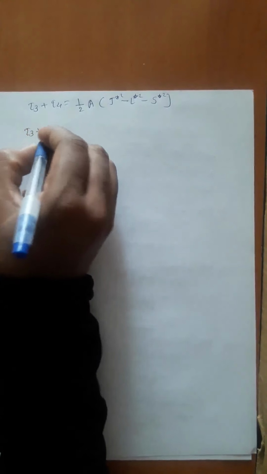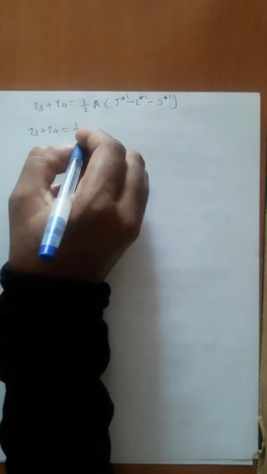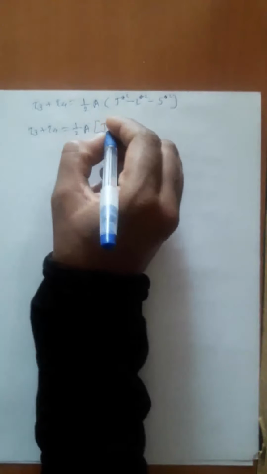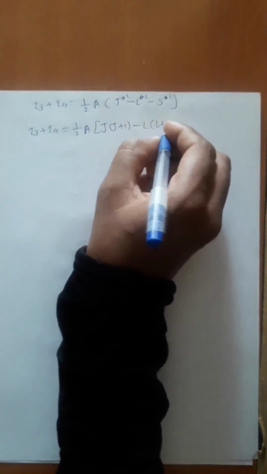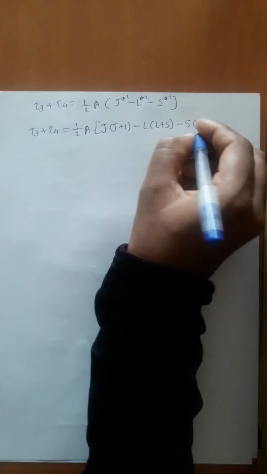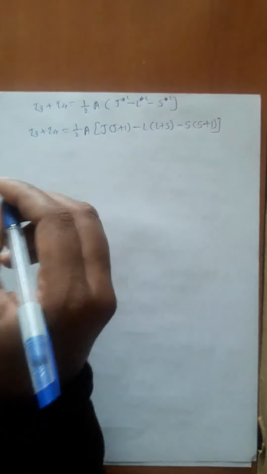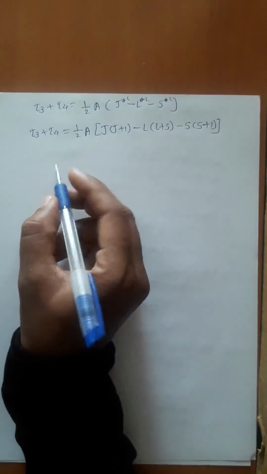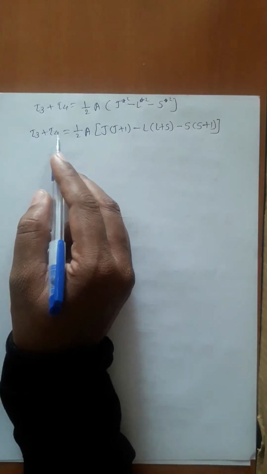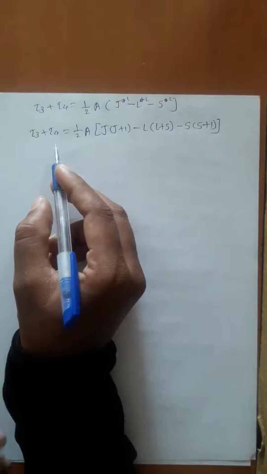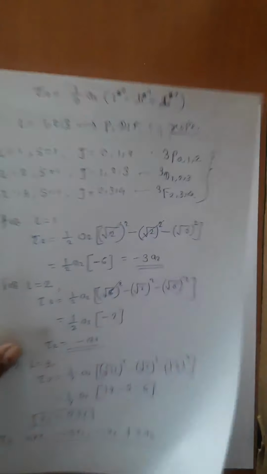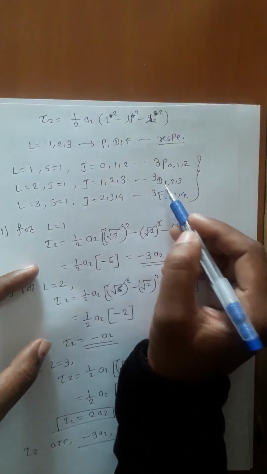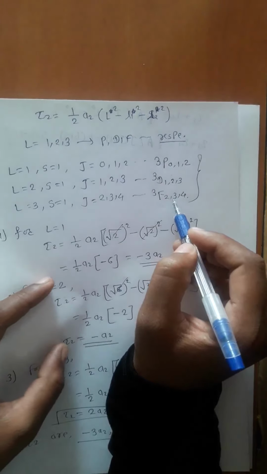Tau 3 plus tau 4 is equal to 1 half a into j into j plus 1 minus l into l plus 1 minus s into s plus 1. Now we have to calculate the value of tau 3 plus tau 4 for these 9 triplet states: 3P 0, 1, 2, 3D 1, 2, 3 and 3F 2, 3, 4.